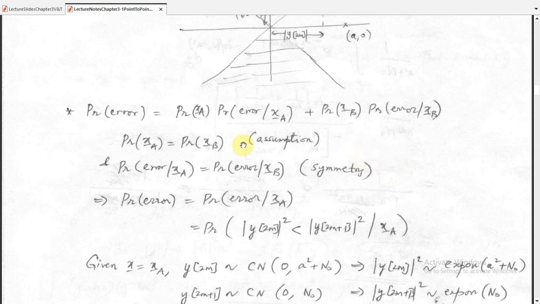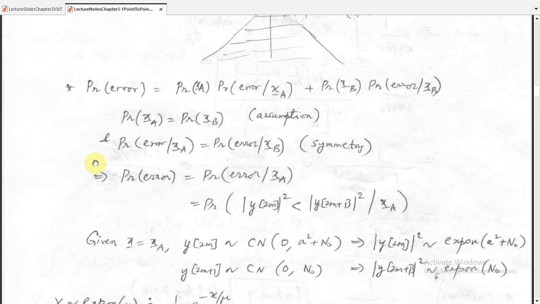So a priori probabilities are assumed to be equal, and due to the symmetrical nature of this probability distribution function, the probability of error given XA is equal to the probability of error given XB. From this we can calculate the probability of error as equal to the probability of error given XA or the probability of error given XB, as both would give the same result.